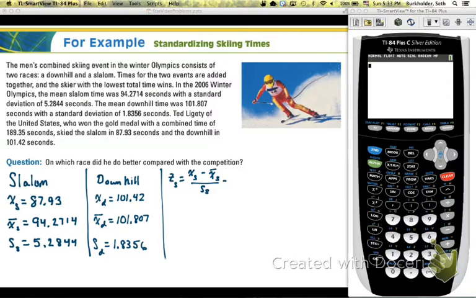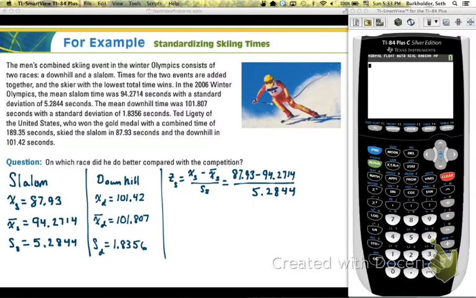In this case, we take his time, 87.93, minus the average slalom time, big long number here, 94.2714 seconds, and we're going to divide that by the standard deviation for the slalom times, 5.2844.